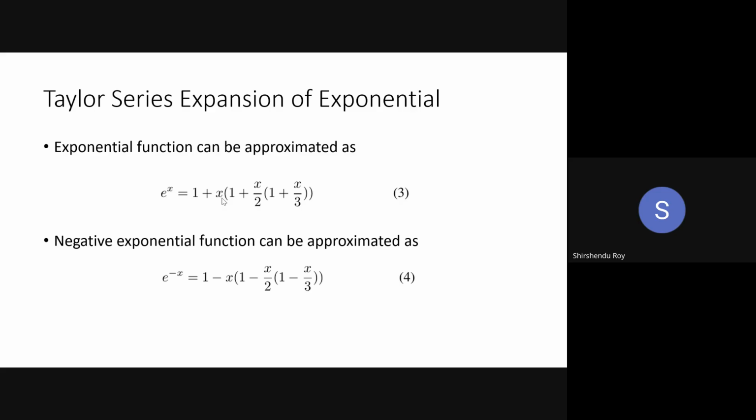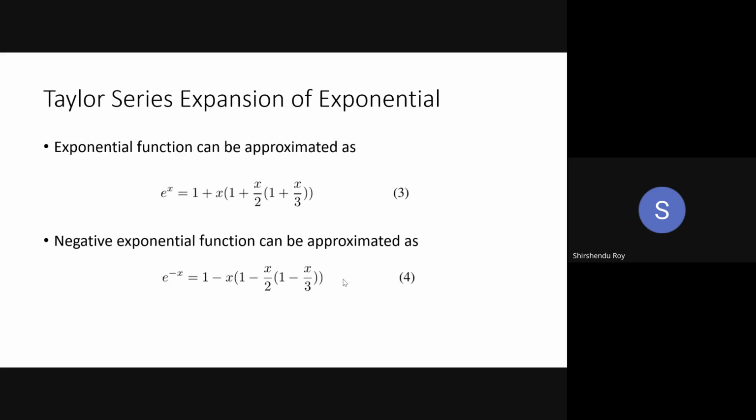If you see here, the computation of the exponential function for positive and negative values of x differs in that some signs change. Initially we have to add, and for the negative exponent we have to subtract. The sign changes in equations 3 and 4. Why are both equations important?